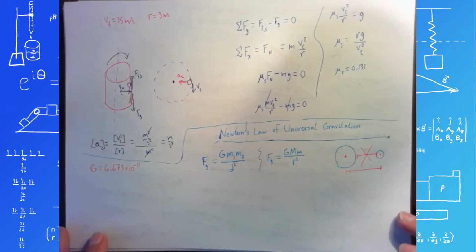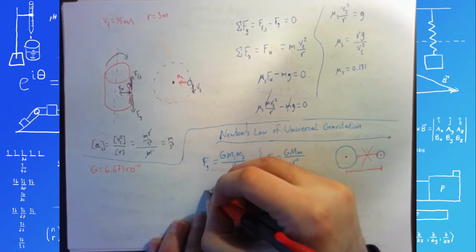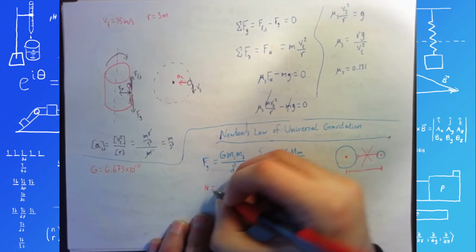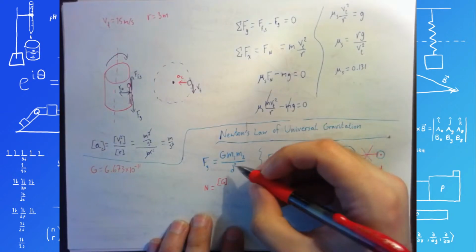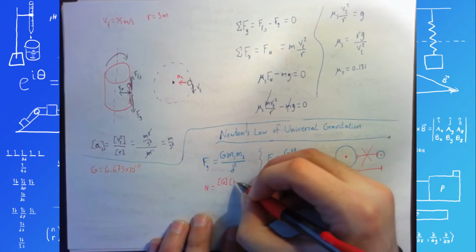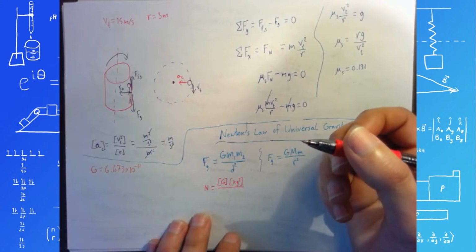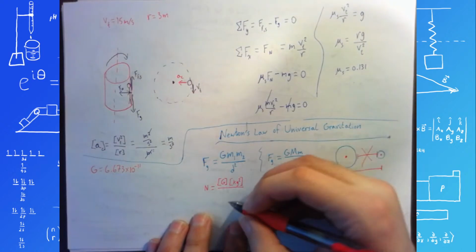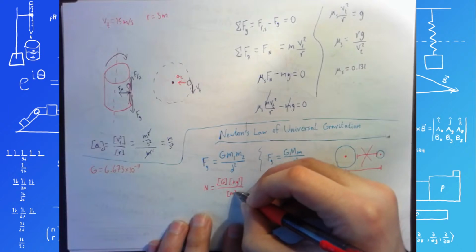Ooh, let's figure out the units of this thing. So force of gravity is a force, so we're going to have newtons equals whatever the units of G are supposed to be, times units of mass, so times kilograms squared would be our standard mass units, divided by units of distance squared, so divided by meters squared.